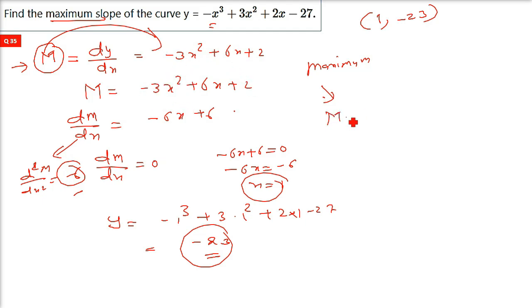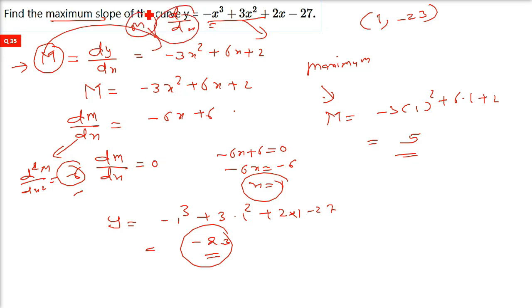Actual equation is this one, as I have been reiterating again and again. I'm taking 1 and keeping it in m equals to negative 3x square plus 6x plus 2. That is going to give us 5. This m is 5. So this 1 comma negative 23 is not what we wanted. It's actually 1 comma 5. You can call it that, or you can say that slope is 5.